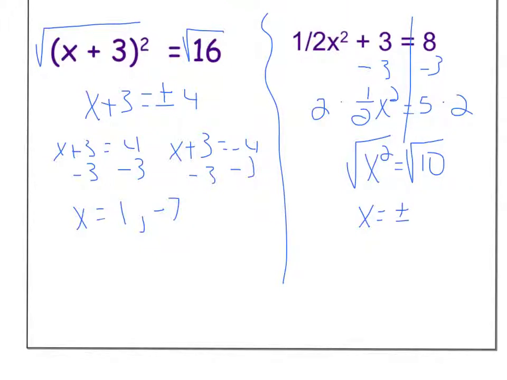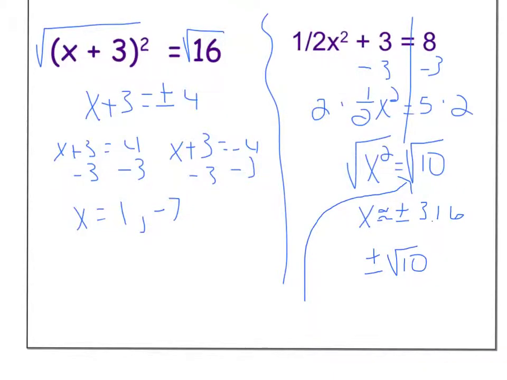It's positive, so we're going to have two solutions, but we're going to have to use a calculator to find the square root. It's approximately 3.16. There are going to be times soon where I ask you to leave it in radical form. If I left it in radical form, it would be both positive and negative square root of 10.